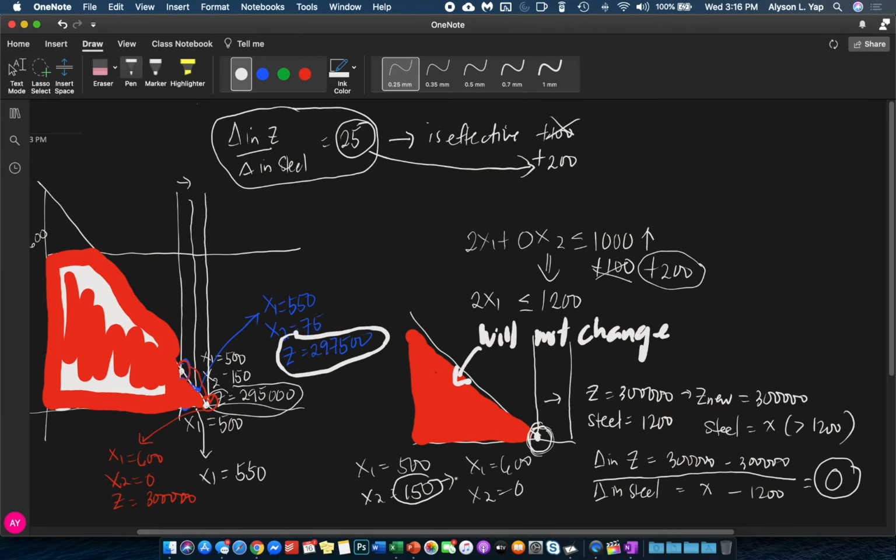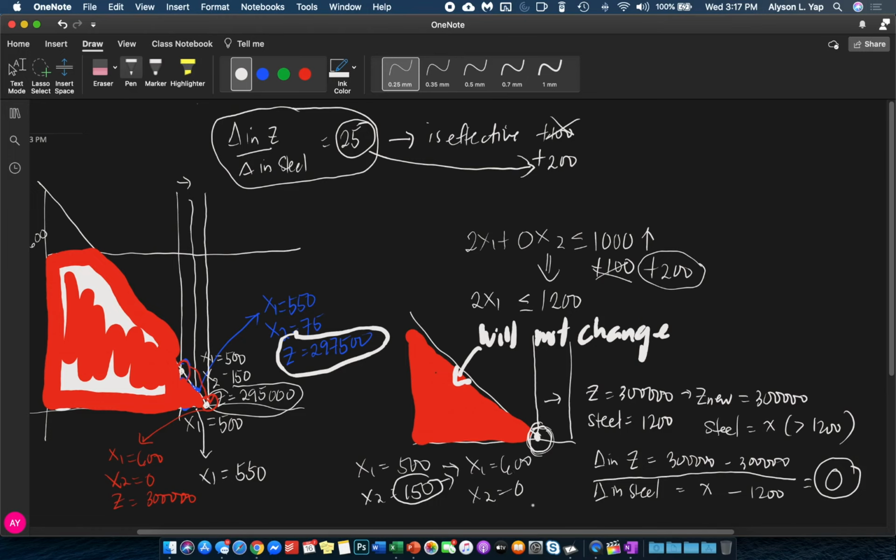And from the reduction of the production of blue gadgets, you were able to free up some labor hours, and in that case you were able to produce more red gadgets because you have additional steel, and that is why your steel production increased from 500 to 600.